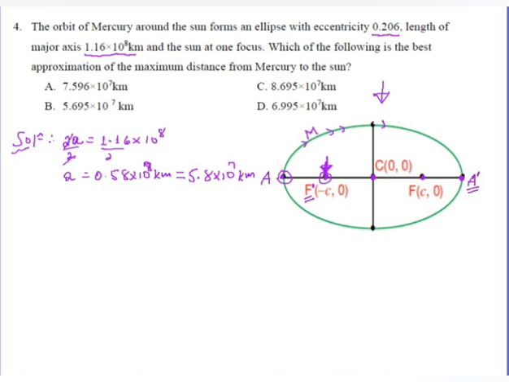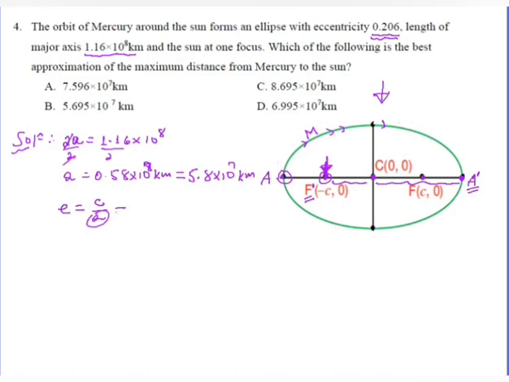The other information is the eccentricity. Eccentricity is denoted by e and is defined as c over a, where c is the focal length, the distance from the center to one of the foci, and the small a is the semi-major axis, the distance from the center to one of the endpoints on the major axis.